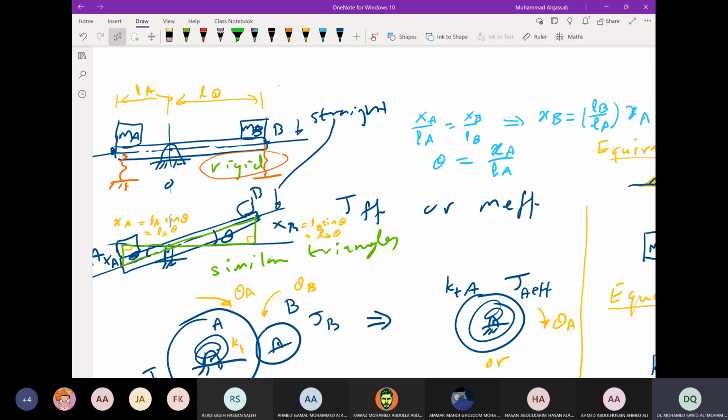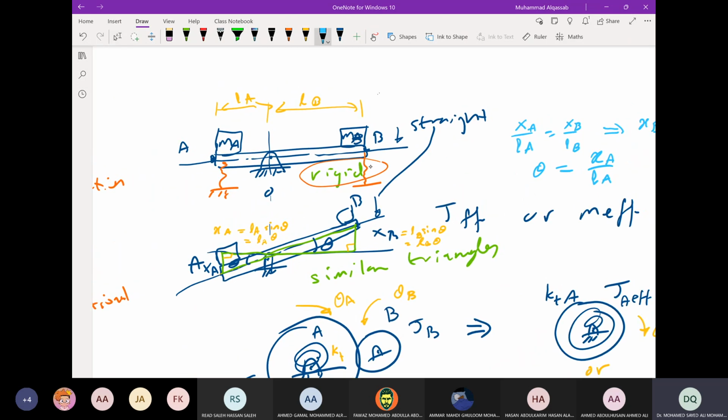So the kinetic energy for A is TA. This is a point mass, so it is 1/2 MA XA dot squared, right? And the mass B has a kinetic energy, I just call it TB, equal to 1/2 MB XB dot squared.